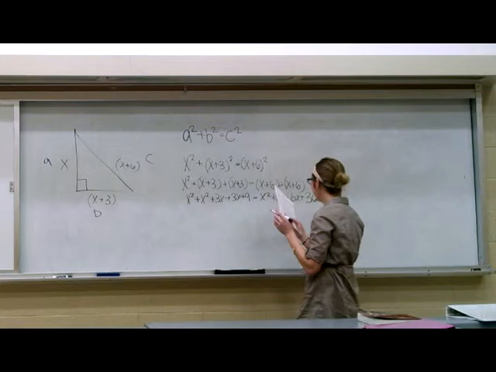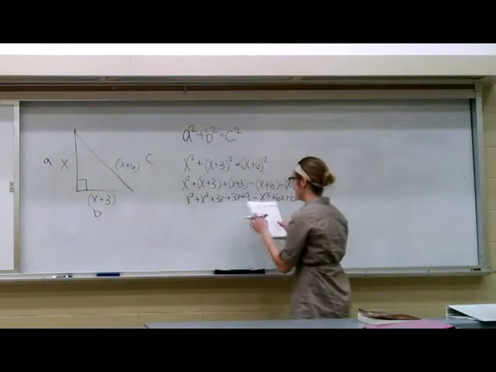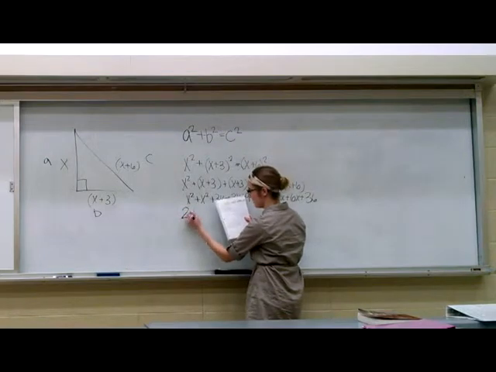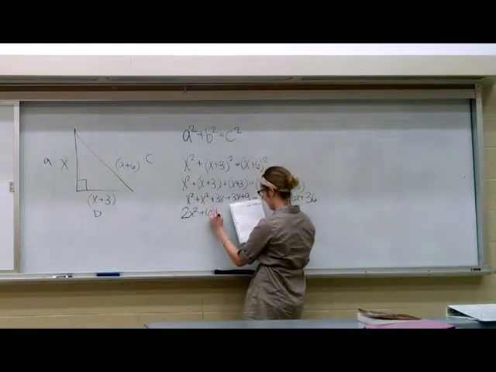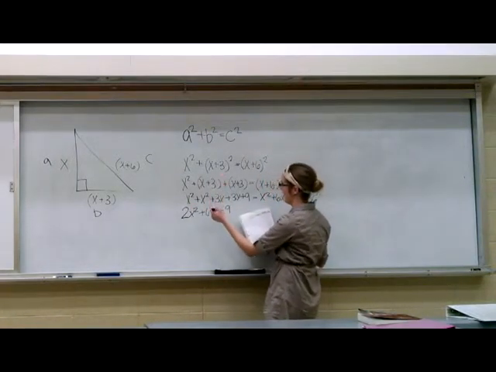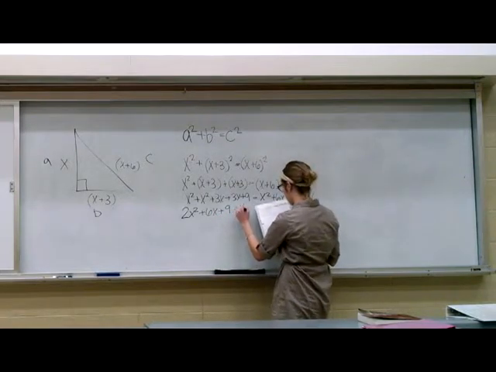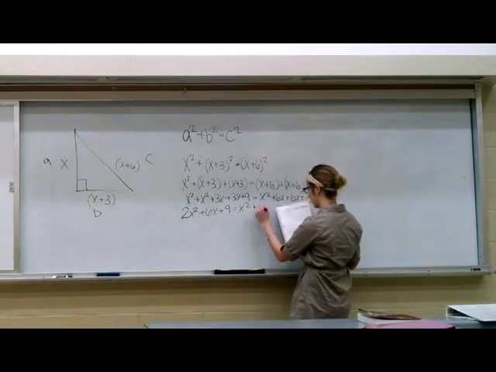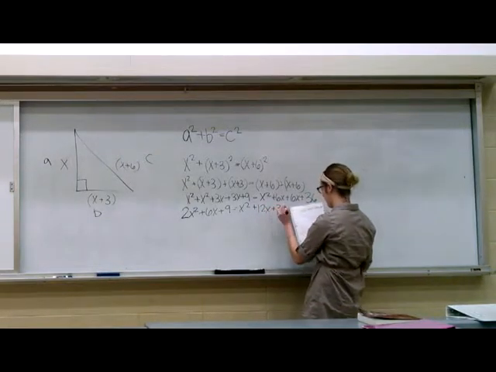Thank you. Alright, it's a lot of steps. It's confusing. So then we're going to go to 2x squared plus 6x plus 9. And this is just putting all the steps together. So plus 9 equals x squared plus 12x plus 36.